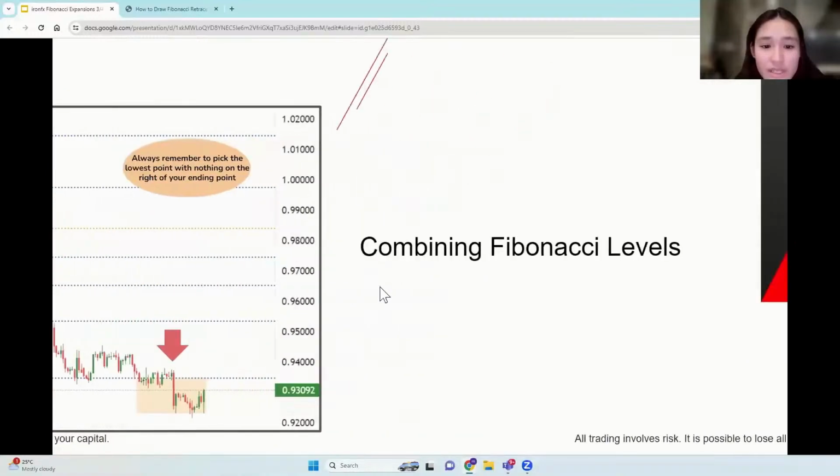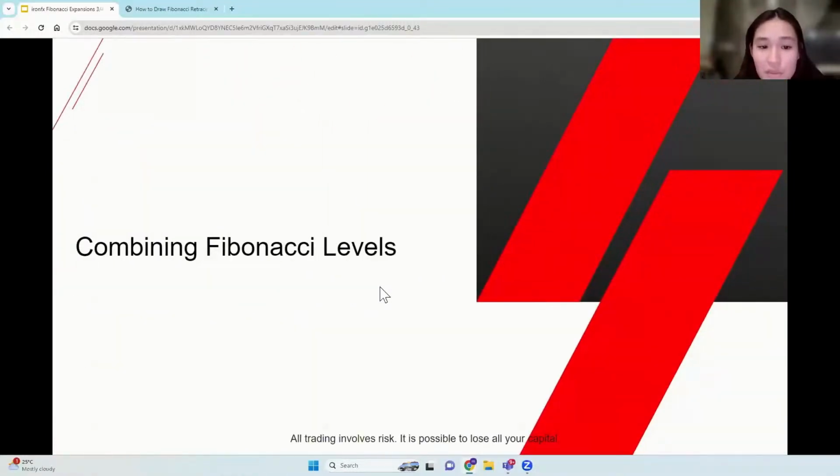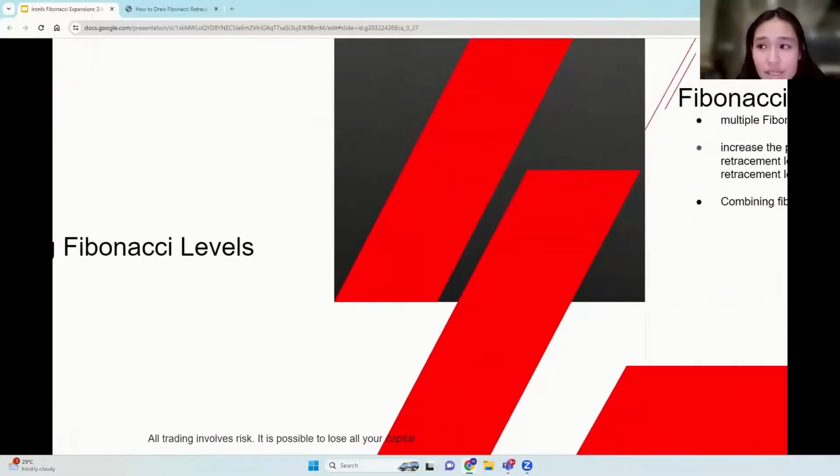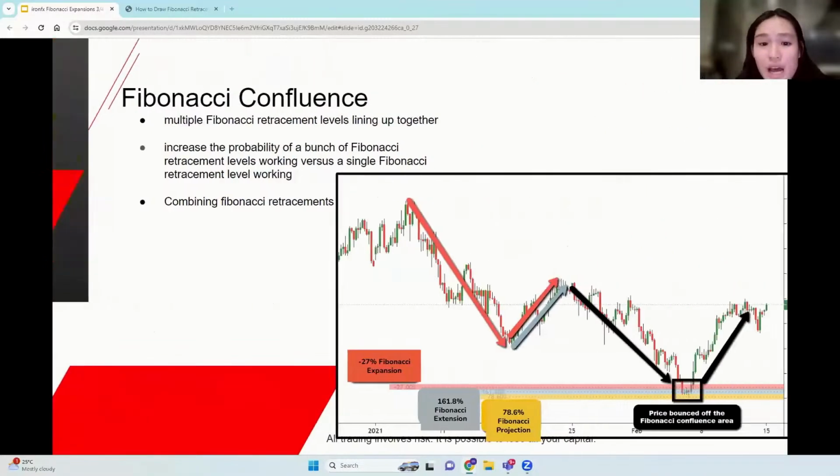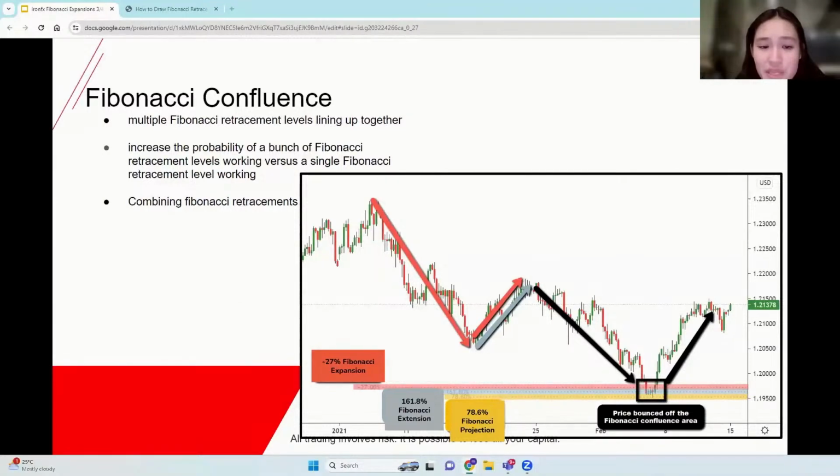Okay, now let's get into the fun part, which is looking for confluence levels. What a confluence level means is basically when there are multiple Fibonacci retracement levels that line up together. So this increases the probability of a bunch of Fibonacci retracement levels working together versus a single Fibonacci retracement level.